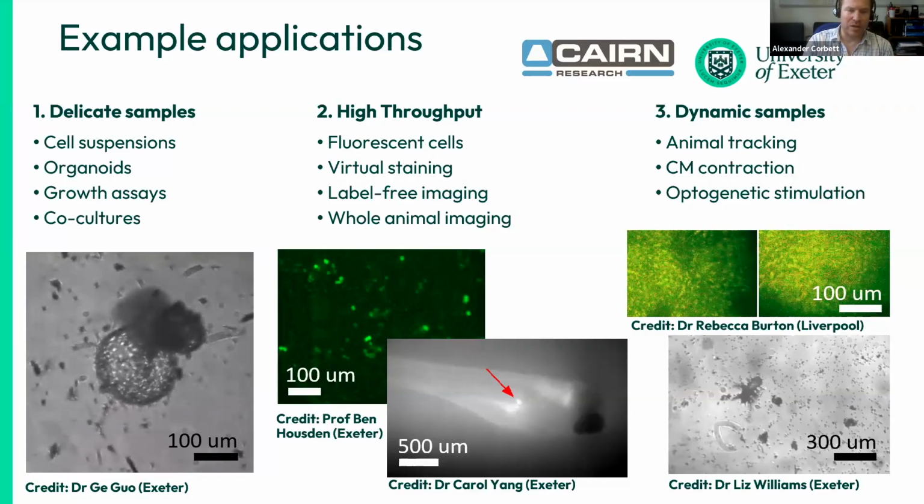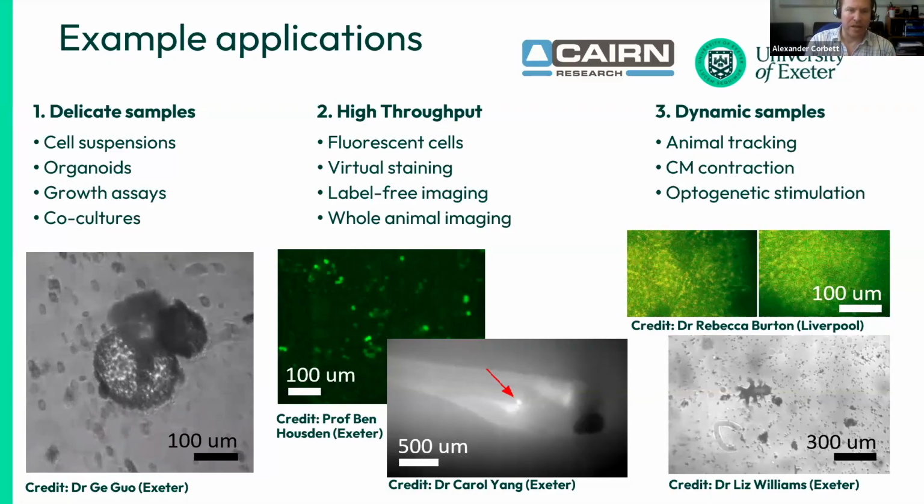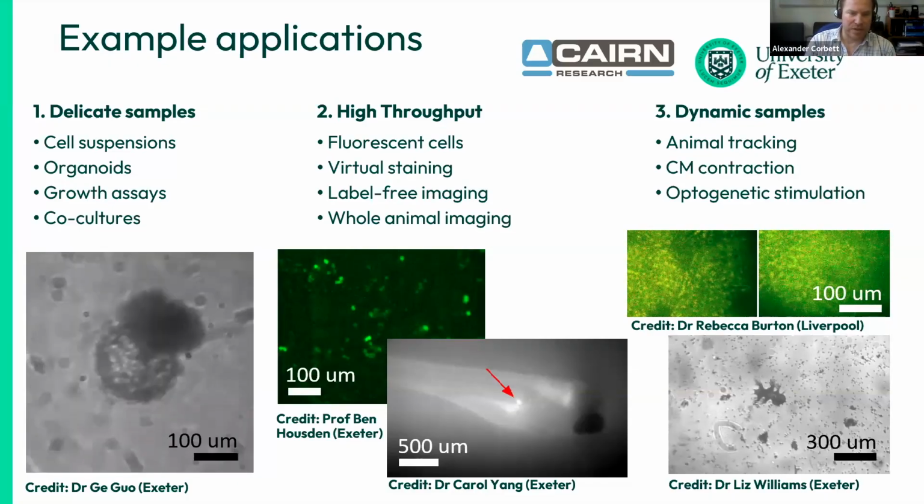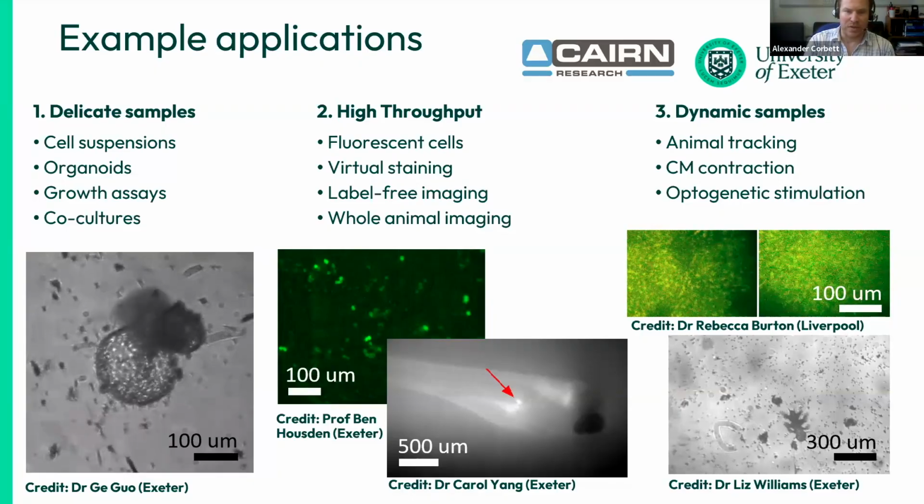Organoids, which are very tricky to grow, or can be, and this example below is just taking a Z-stack through a cluster of different organoids, growth assays and co-cultures, etc.